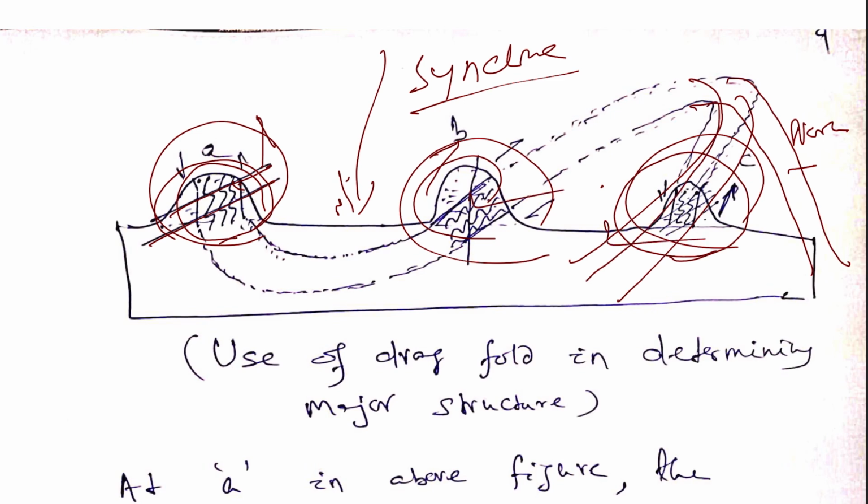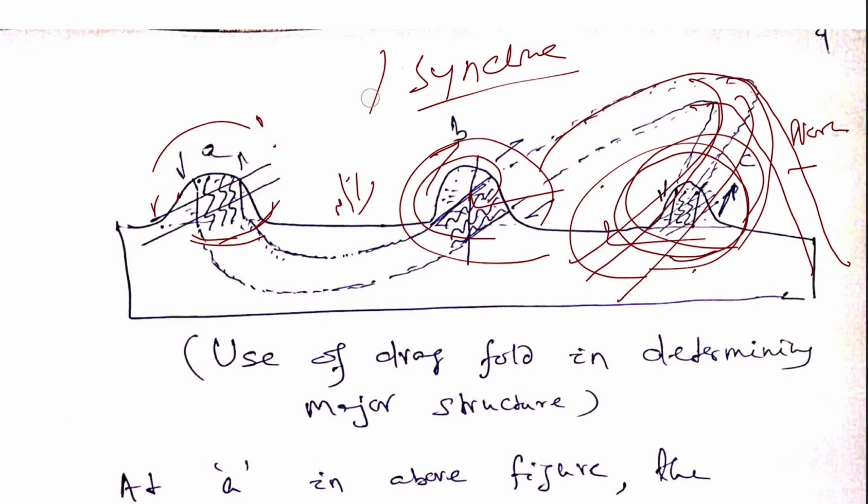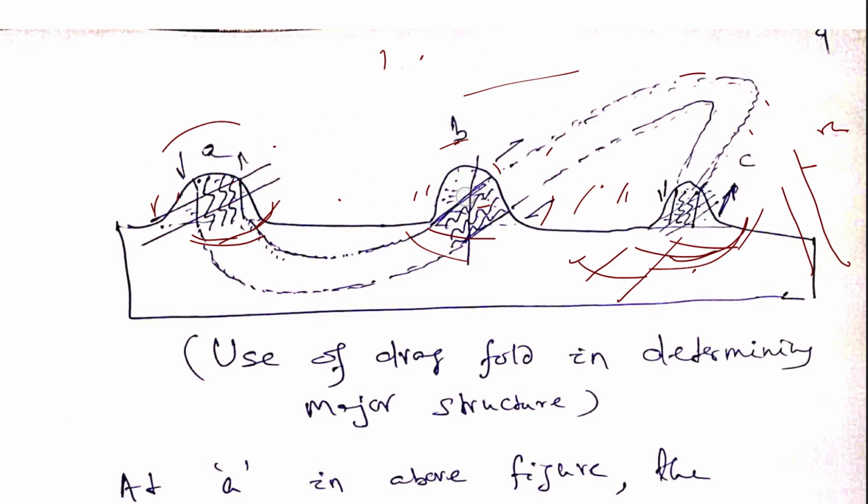But this limb and this limb, they dip in same direction. That means this limb, a part of this anticline, is showing overturning character. Thus, by use of drag folds, we can deduce the major structure.